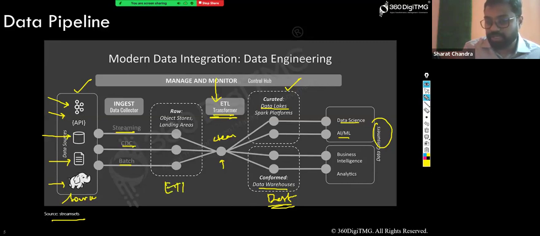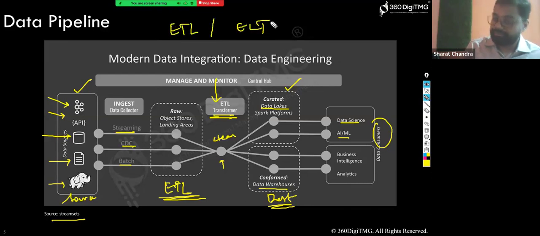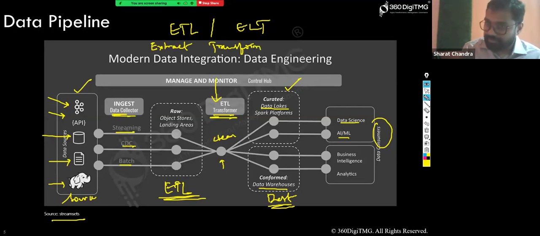We basically talk about ETL tools. ETL tools or ETL pipelines are what we are going to construct, but we don't only do ETL, we can also talk about ELT. E stands for extract or ingest, T stands for transform the data, and L stands for load.